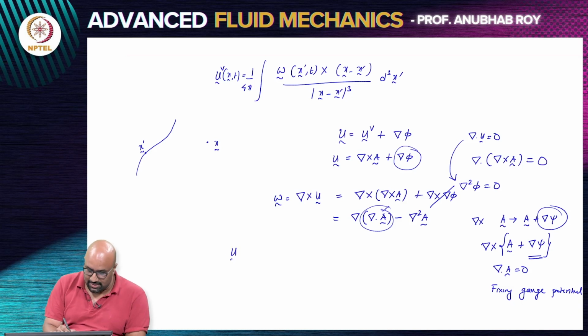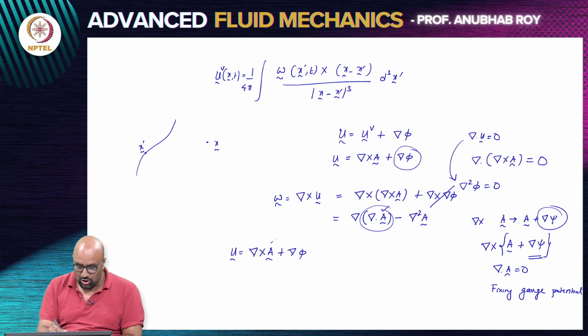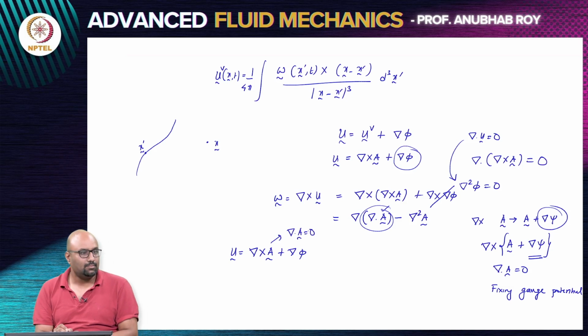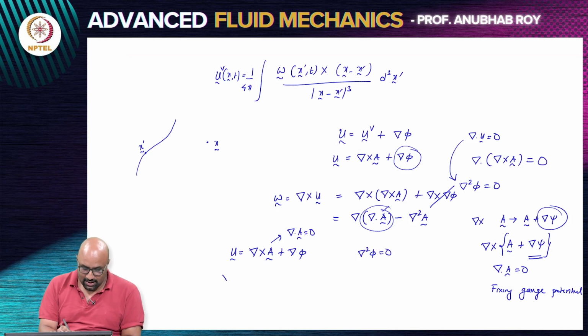So, summarizing the story now, I have u as written in terms of this decomposition, where the choice is A by definition is divergence free, which means the divergence of u entirely will come from the scalar potential. The advantage then is curl of u, which is the vorticity, is now minus del square A.